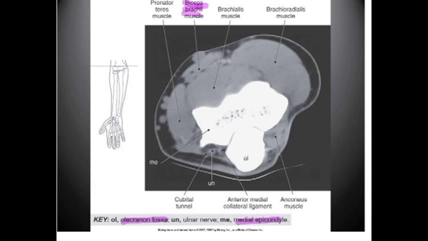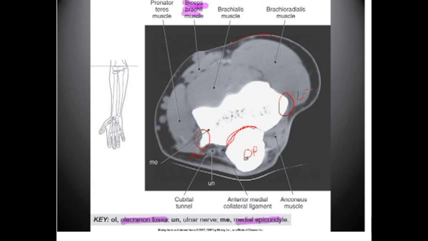Okay, so here we see the olecranon process. We have what looks to be the olecranon fossa, medial and lateral epicondyles.